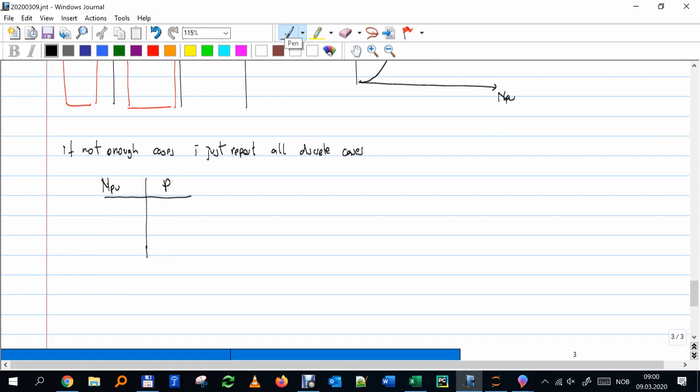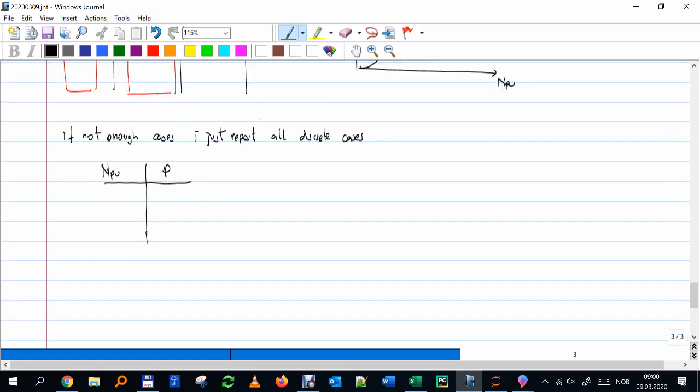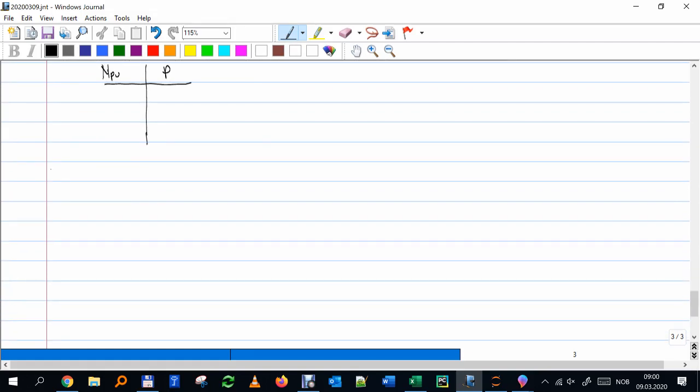Okay. Now, before we take a break, I have to say there are other methods to discretize distributions, continuous distributions. The one that we saw now was value discretization.